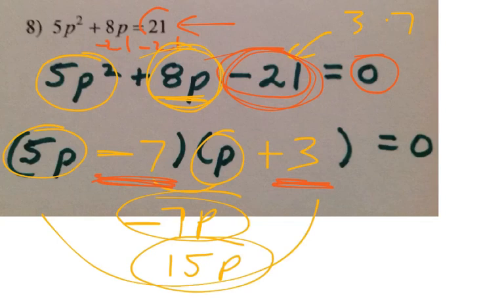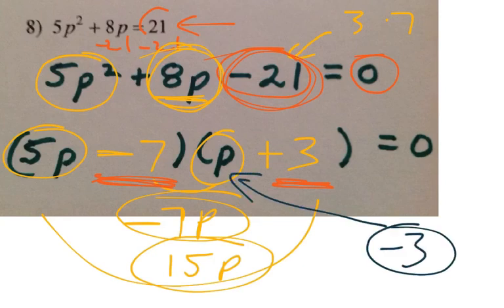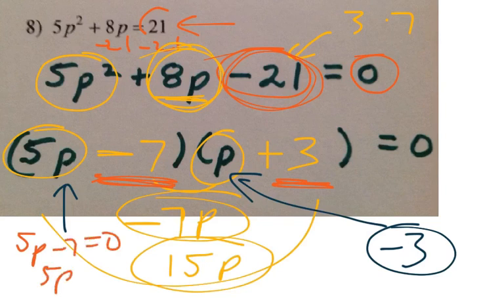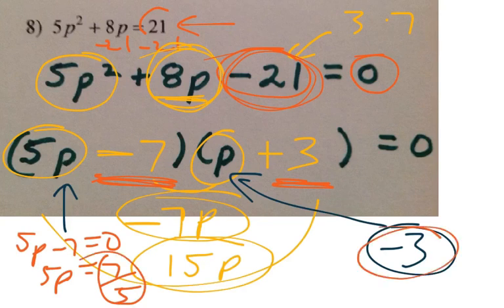And now that I have a factor, guys, let's remember to solve it. Okay, so here I know negative 3 makes it 0. Negative 3 plus 3 is 0. Over here, follow the red, guys. I have 5p minus 7 equal to 0. So 5p equals 7 once I add 7 to both sides. And then finally I'm going to divide by 5. So 7/5 and negative 3 are my solutions.